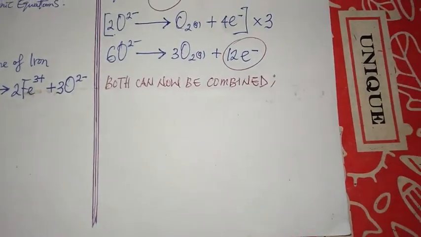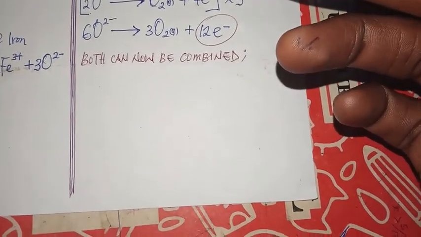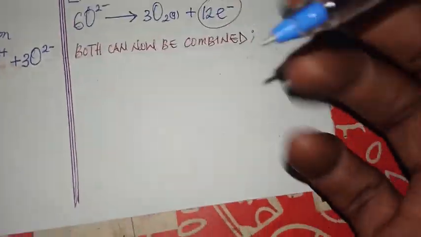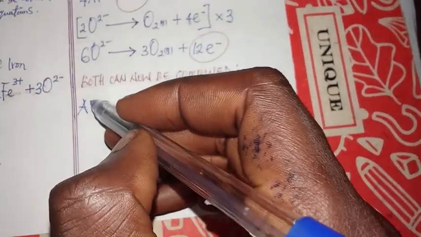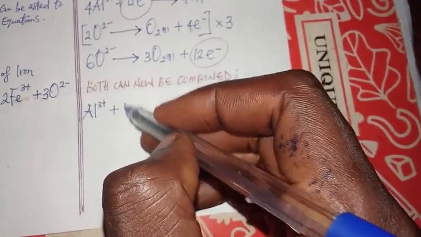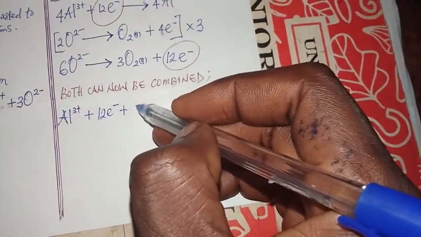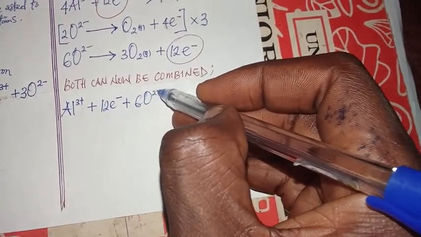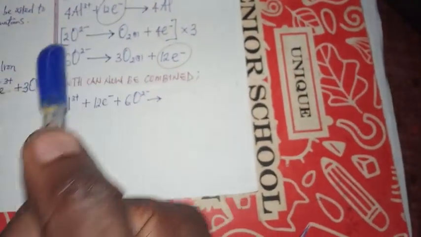How do we combine the equation? We combine the equation by first of all writing everything on the reactant side. What on the reactant side? We have 4Al3+ plus 6O2-. So these are everything on the reactant side.